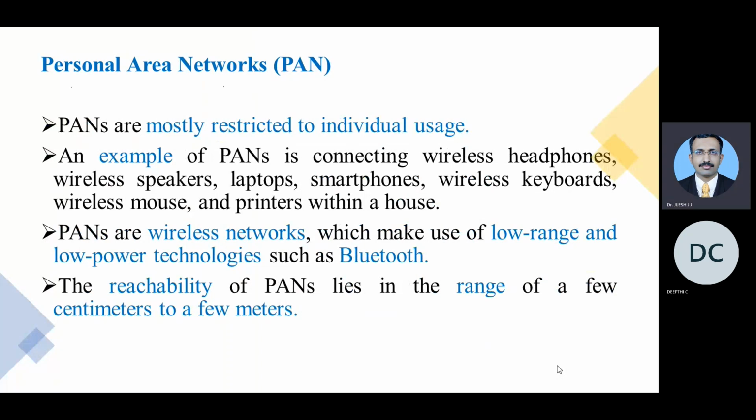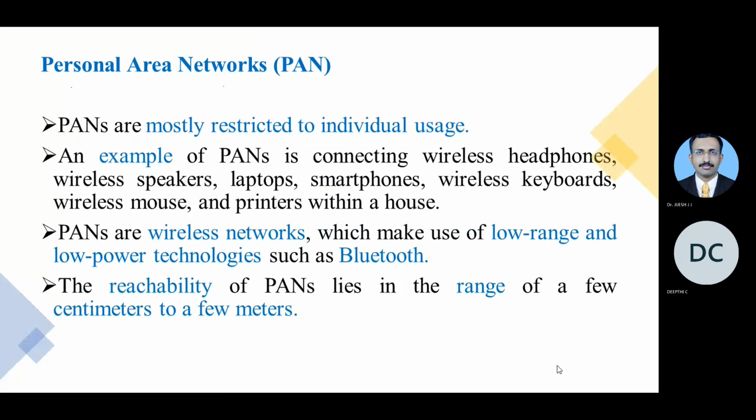With the help of Bluetooth, which is quite common. You are doing it on a daily basis, right? You are connecting either with a laptop or with a mobile phone. All these things are personal area network. So it is very personal to you, so the name personal area network is easy for you to remember. Anything which is connected to you closely.